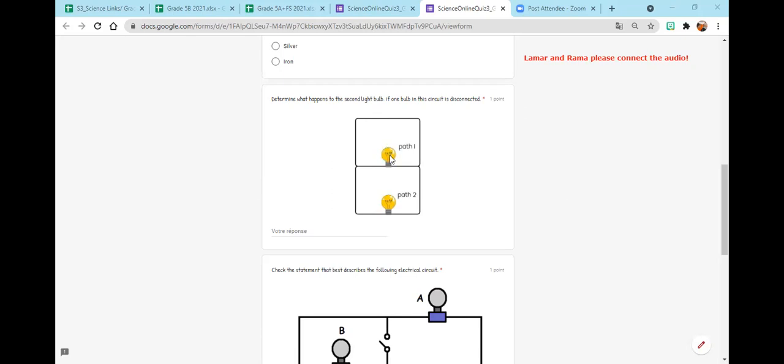If one of them isn't working, what will happen to the second one? Will it be on? It will stay lighting up. Why is that?